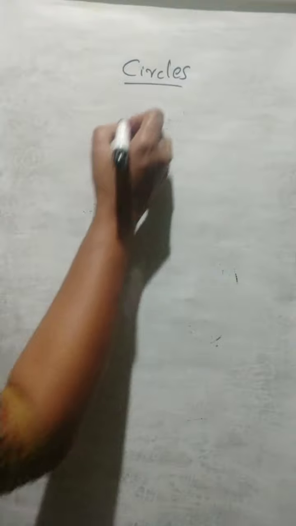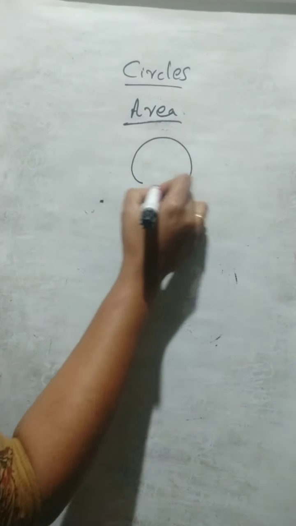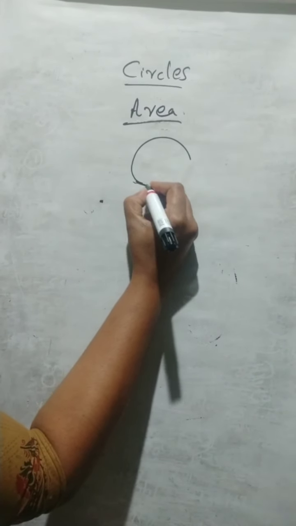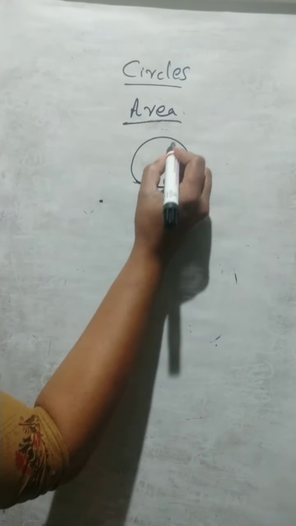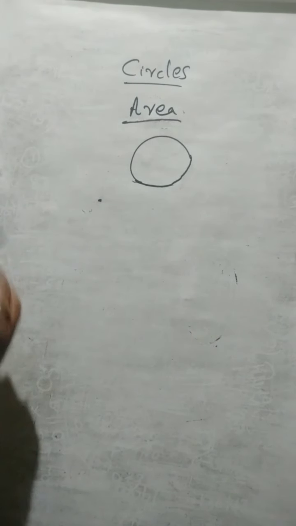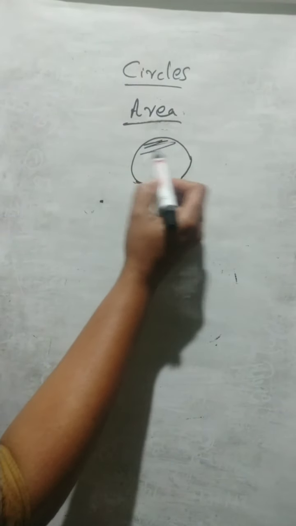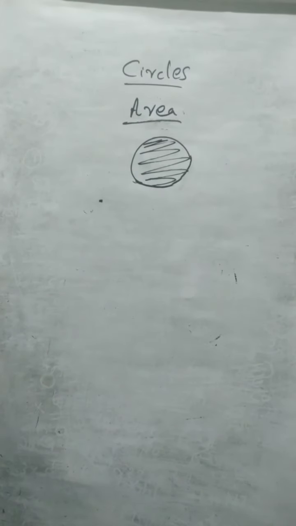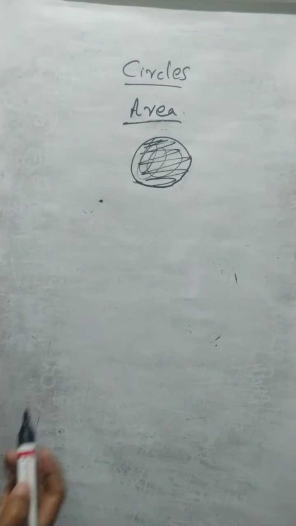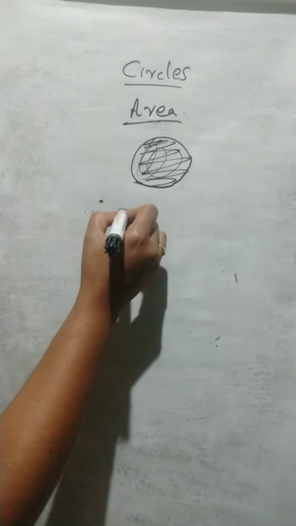Then the area of a circle. What is that? To make a garden inside a circle or to pave tile, we need to find the area of this space. This is the area of this circle. How can we find it? Here also the constant will be there, that is our pi.